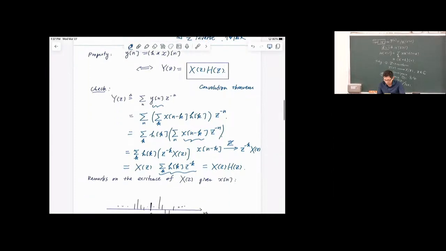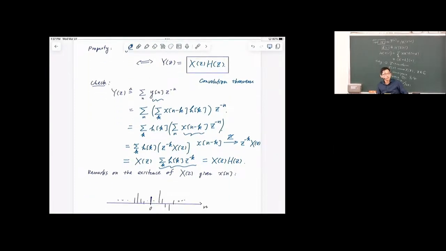So far, so good? So that's the idea. But keep in mind that we can have this discussion only over a region where both X of z and H of z exist. Yeah, so seriously, think about this.